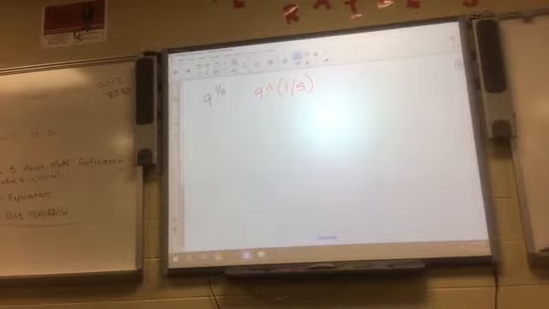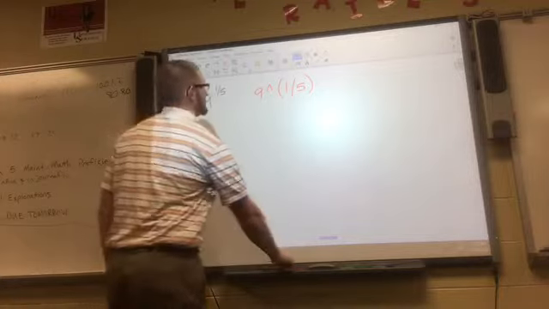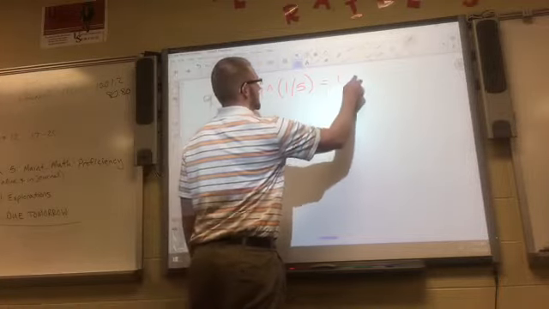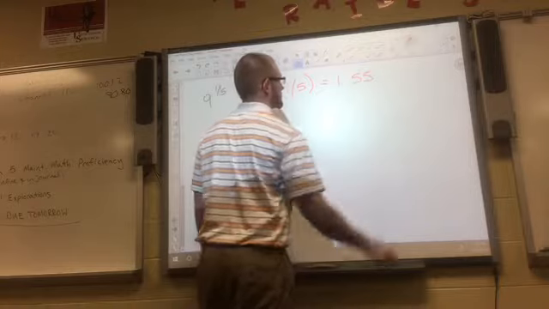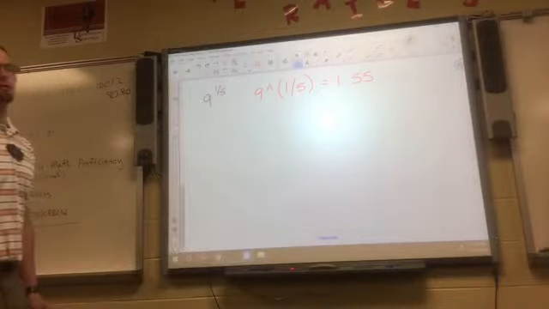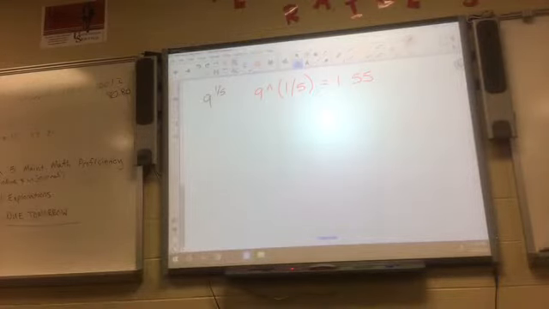Okay, if you don't use your parentheses, it's going to take it 9 to the 1st power, and then it's going to divide it by 5. You don't got to do the whole 5 roots. You do not have to. You could, though. You should get 1.55 approximately. Okay? Did everybody get 1.55?